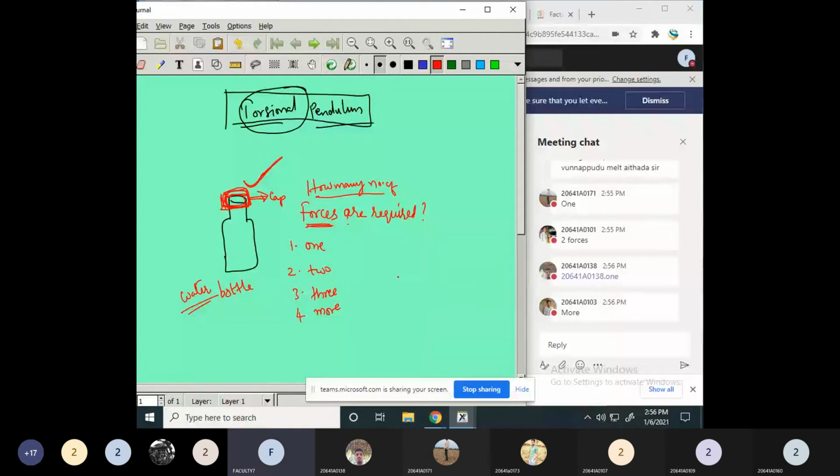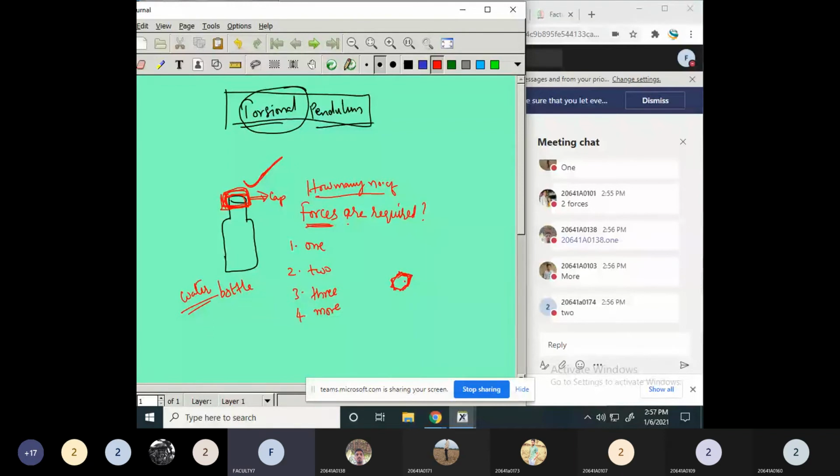Or else I can give one more, similar concept. Now here there is a screw, somewhat like this. Assume this as a screw.